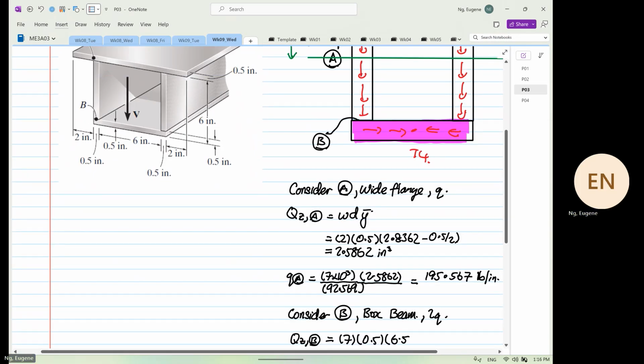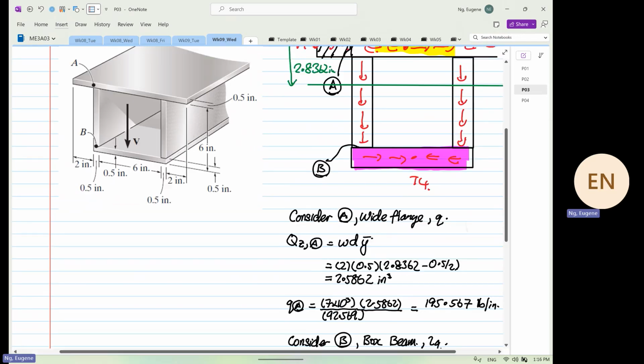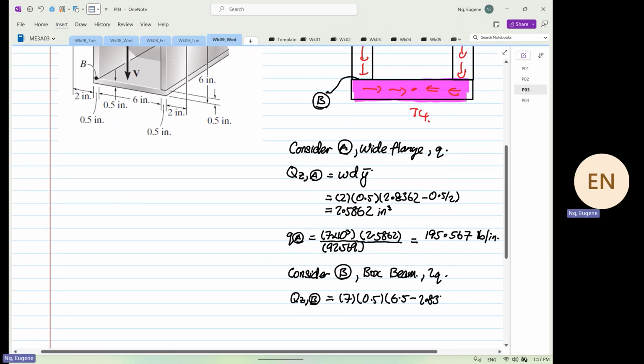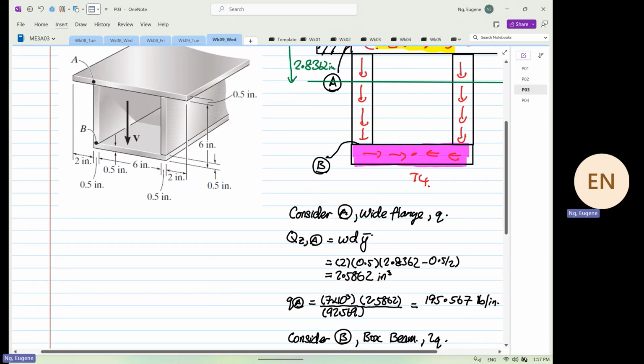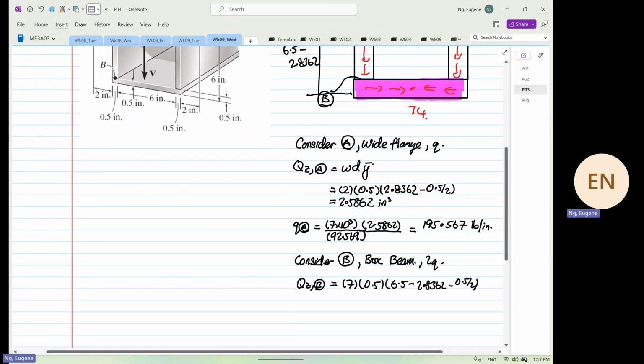6.5 minus the Y bar, which is 2.8362, minus 0.5 divided by 2. Why is that the case? Because the distance from here to here is 6.5 minus 2.8362, then you take halfway at 0.5. That's the reason why.